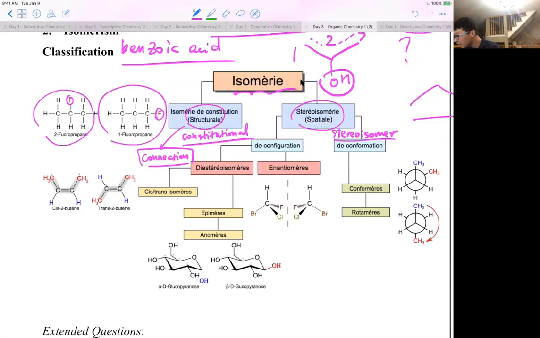So we keep going. One type is called conformational. What does it mean? It's related to the rotation of a single bond, right? What are those two molecules? Actually, they are the same molecule.